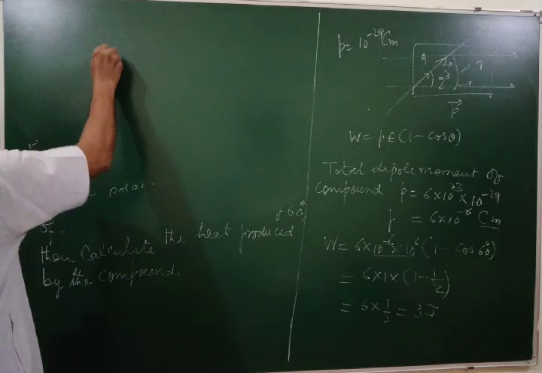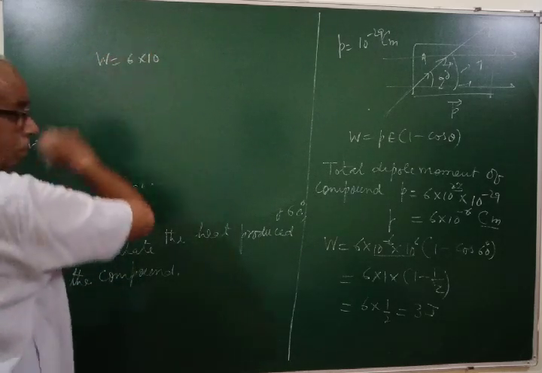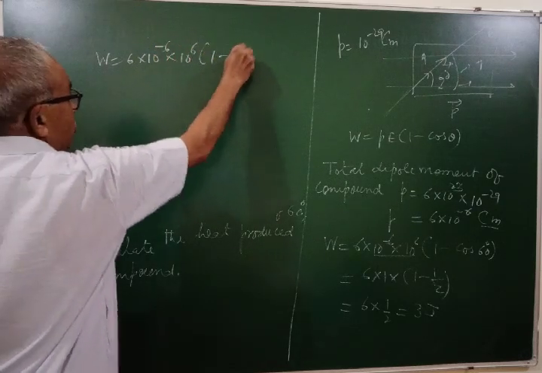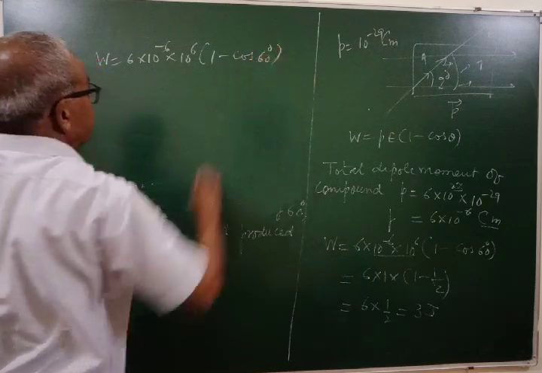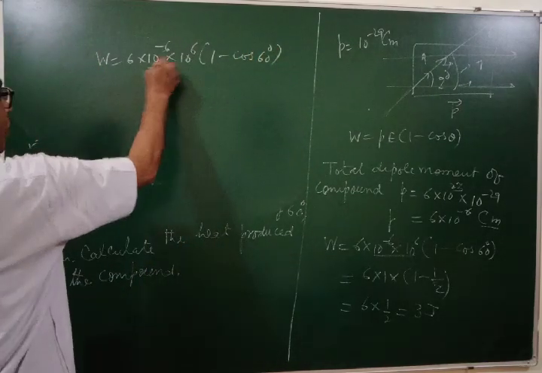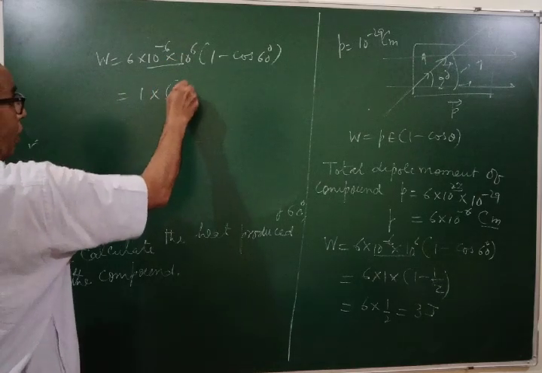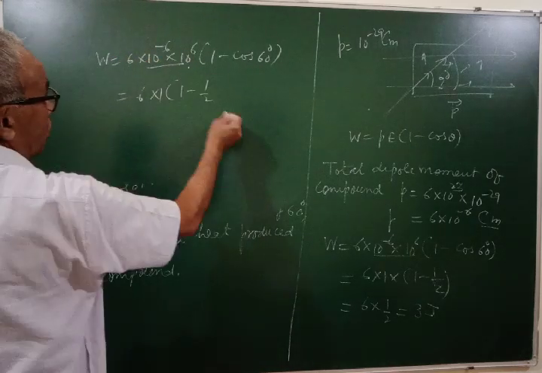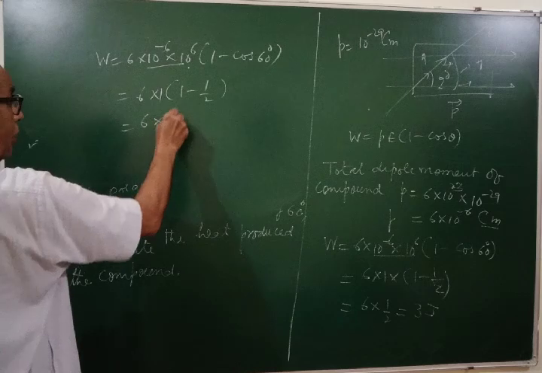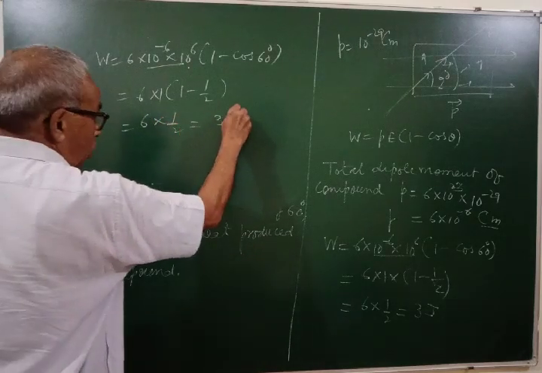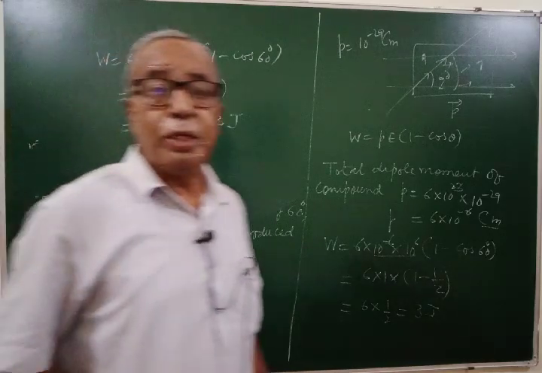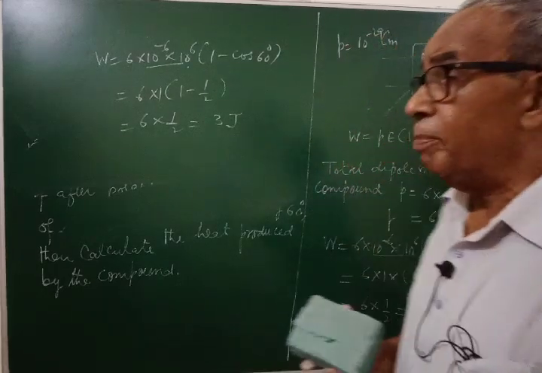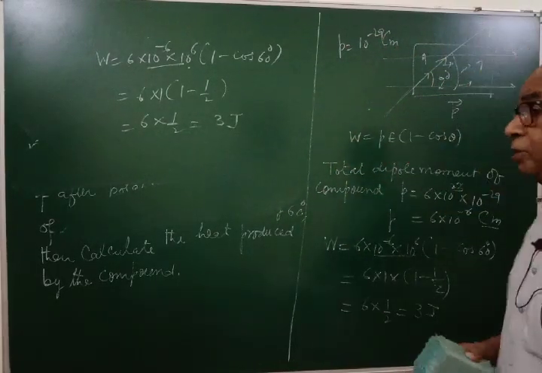W is equal to 6 into 10 to the power minus 6 into 10 to the power 6 into 1 minus cos 60 degrees. It becomes 1, so 1 into 1 minus 1 by 2, sorry, 6 into 1, 6 into 1 into 1 by 2. 6 into 1 by 2 equals 3 joule will be the amount of heat energy released. This question is an example from the NCERT book. Please see it carefully.